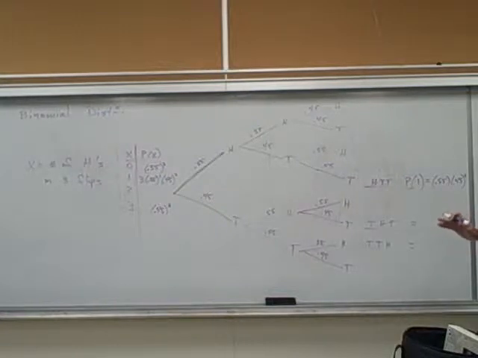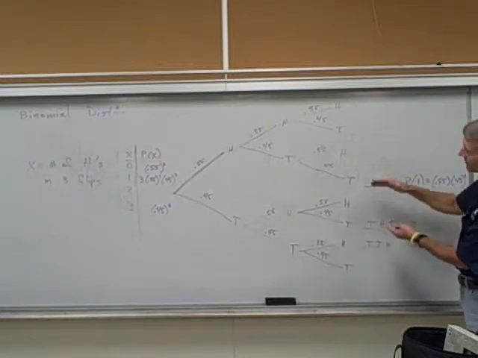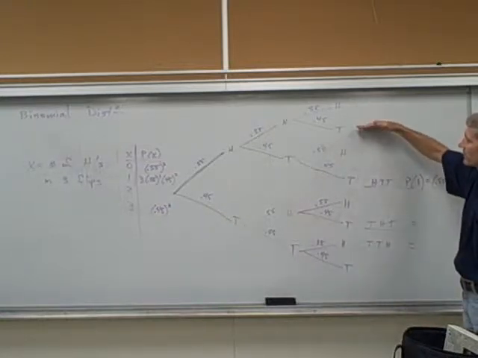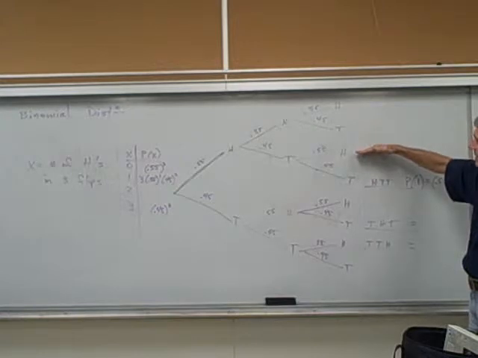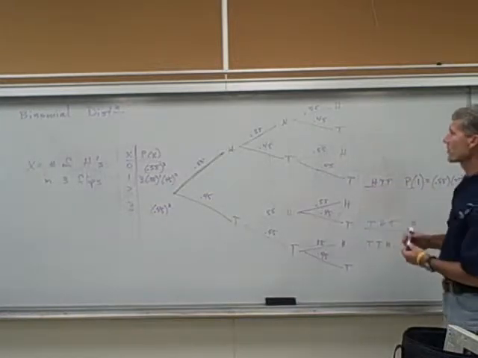Now, how many branches have 2 H's and 1 T? 3. And in fact, that's the only 3 that are left. We've done the top one, we've done the bottom one, we've done these 3. Now the only 3 left are 2 H's and a T, 2 H's and a T, 2 H's and a T. Right? Well, what are those probabilities?